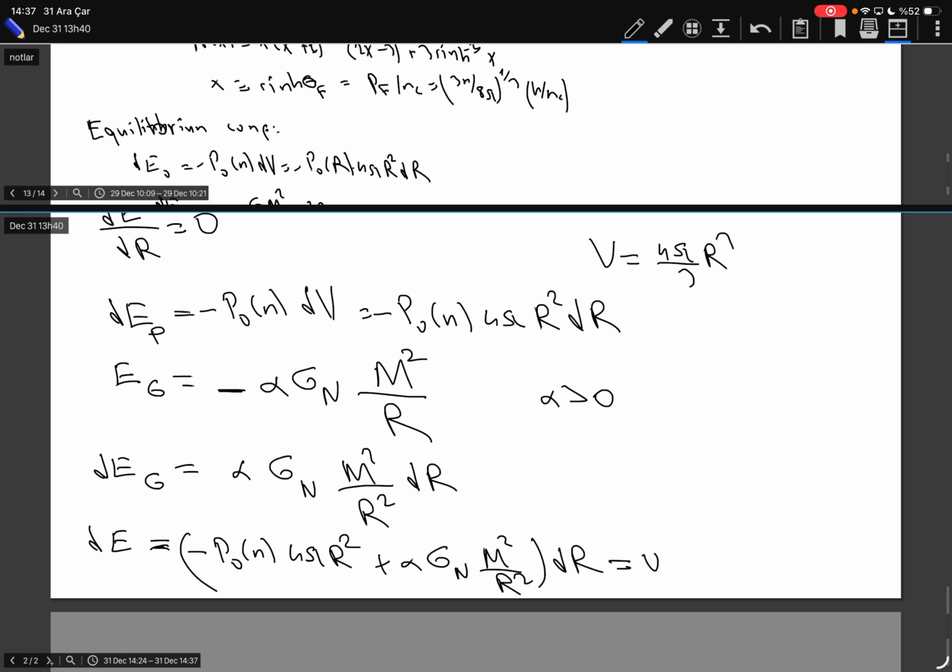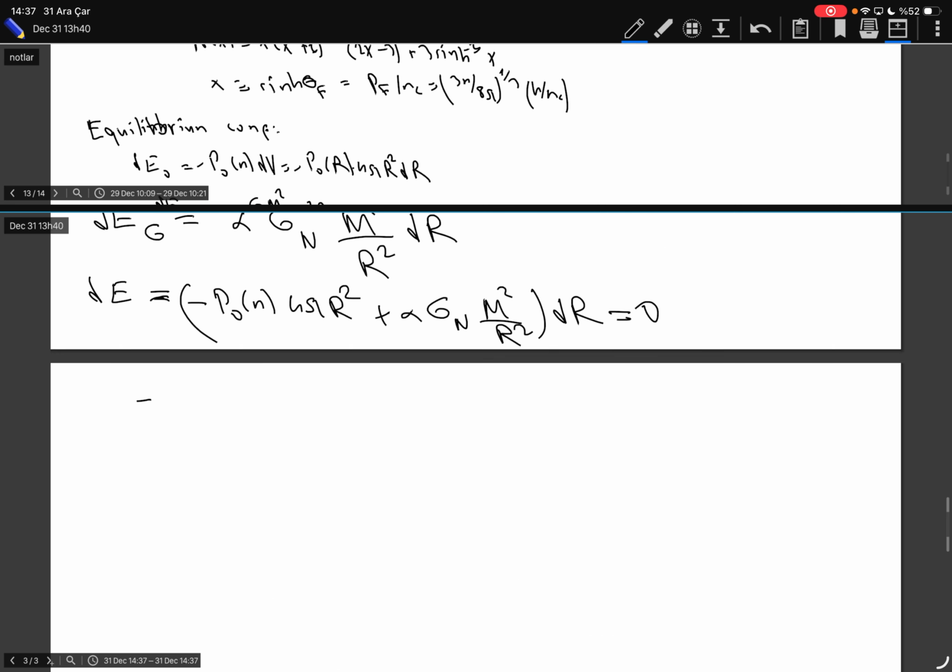Times dr, this should be 0. In equilibrium, this is 0. So we have minus P0 n should be equal to, or P0 n should be equal to alpha G n m squared over 4 pi r to the 4.